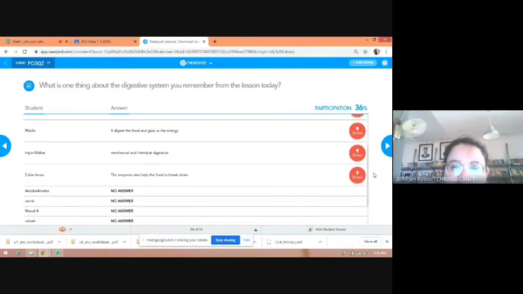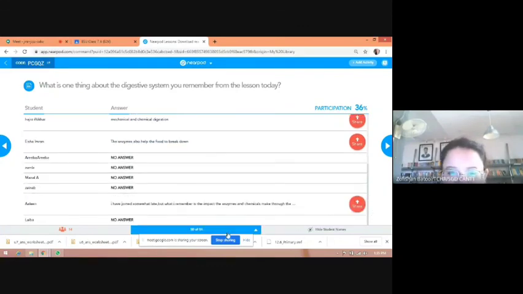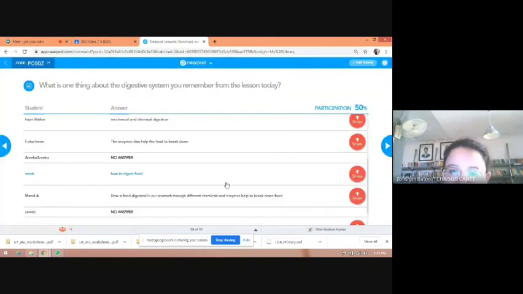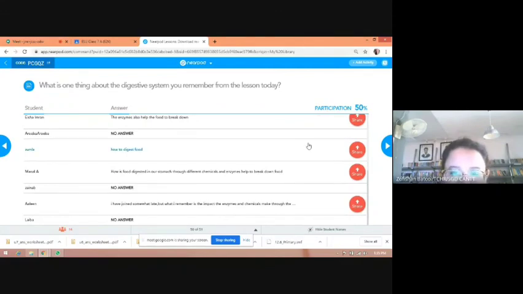Okay, we have one more answer. Enzymes help to break down the food. Aline is saying I have joined somewhat late, but I remember the impact of enzymes and chemicals. You're somewhat right. Another student is saying how food is digested through different chemicals. Yeah, that's right. Zubla is saying how to digest food.